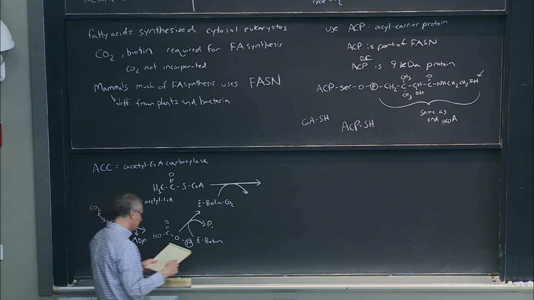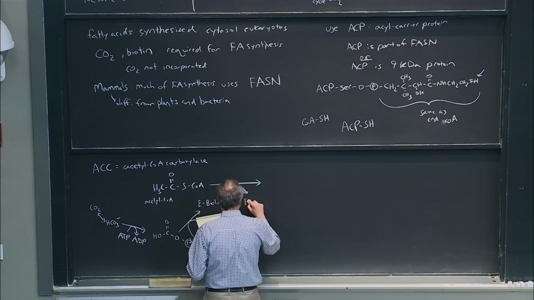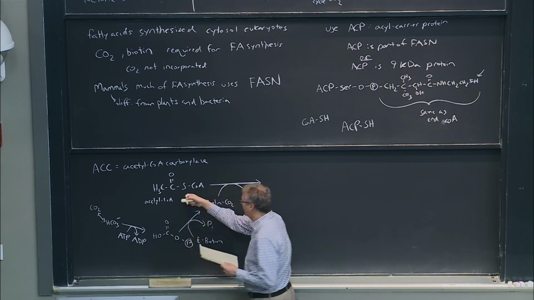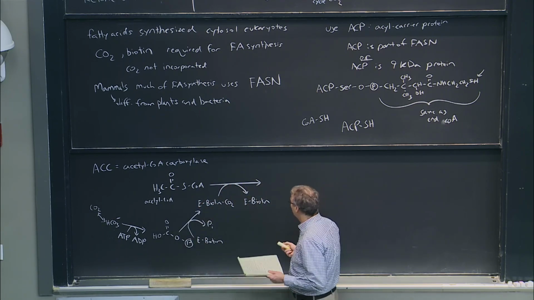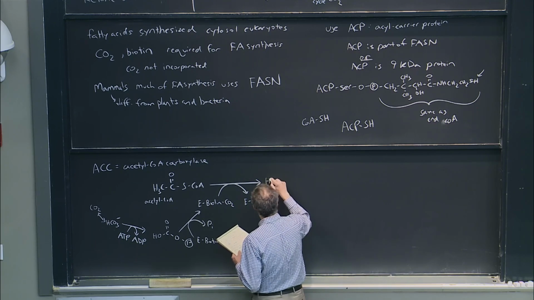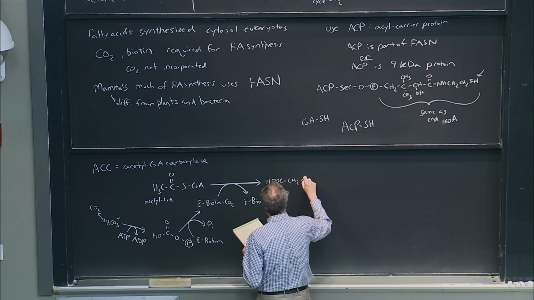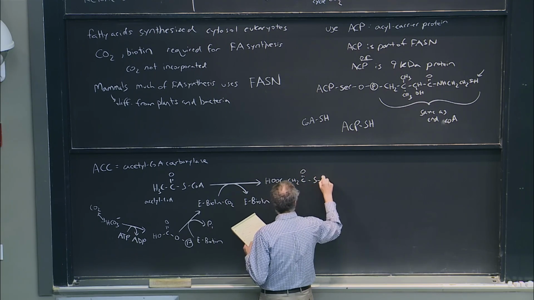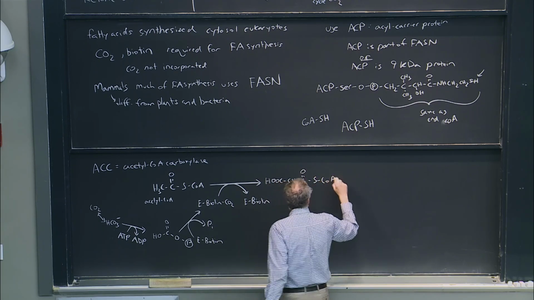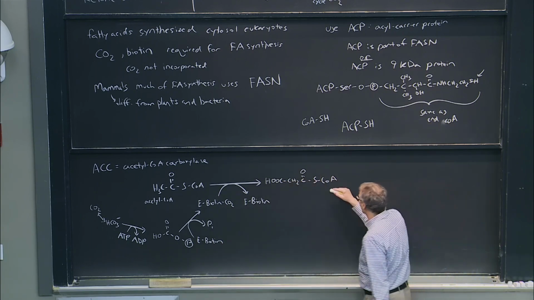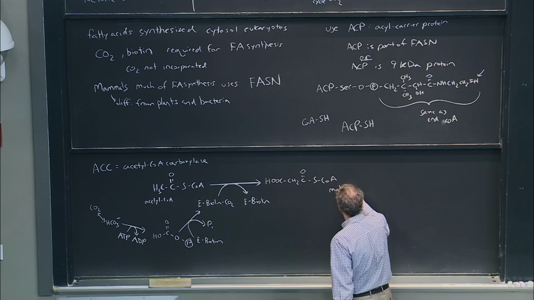That then carries that CO2 and can be used to transfer the CO2 to carboxylate, in this example, acetyl-CoA, to generate this carboxylated acetyl-CoA 3-carbon molecule, which is referred to as malonyl-CoA.